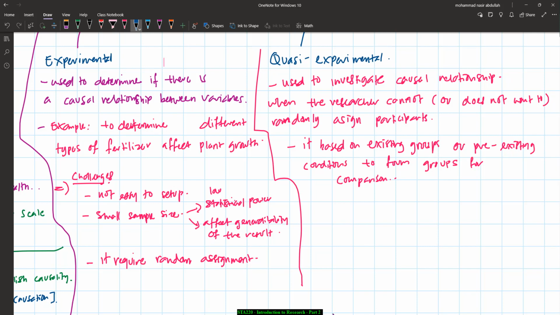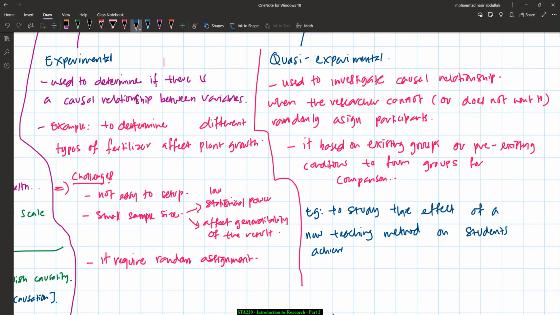Example I bagi tadi. You want me to write down example? We want to study the effect of a new teaching method on student achievement, right, in a particular school lah contoh, right?